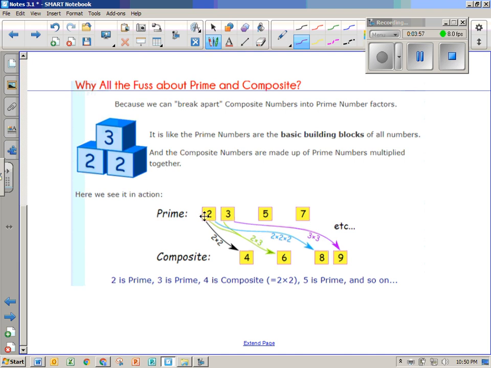These two prime numbers, 2 and 3, their product is 6. 5 is prime. 8 is composite because 3 2's multiplied together makes up 8. 2 3's makes up 9, and so on. So every number that's composite can be expressed as a product of primes.